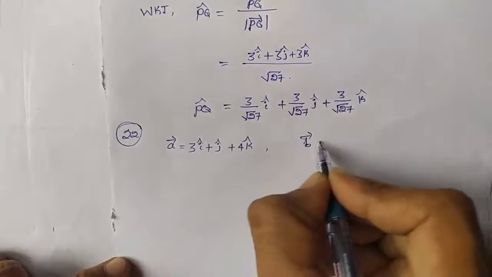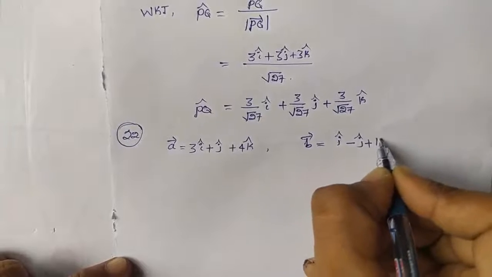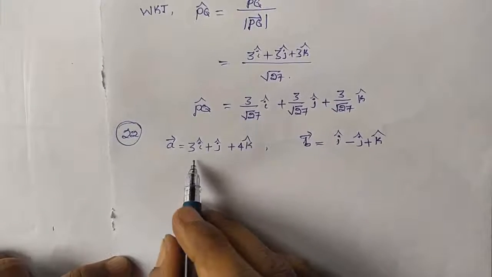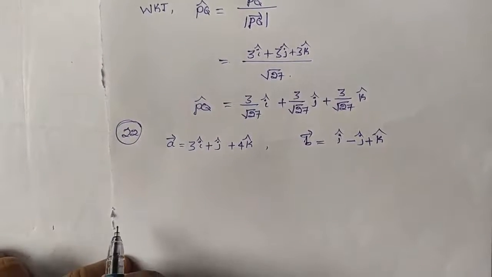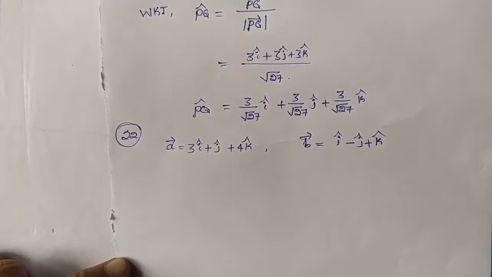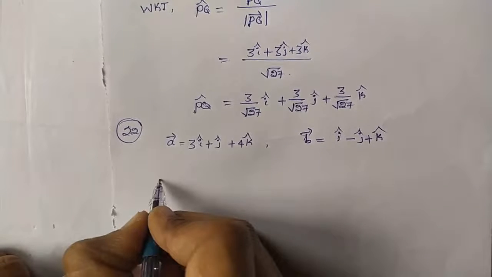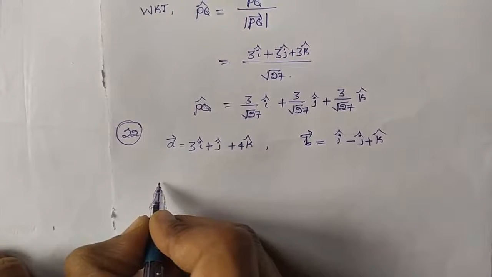B vector equals i minus j plus k. We need to find the area of the parallelogram. First, you need to remember the formula for finding the area of the parallelogram. The formula is A cross B.